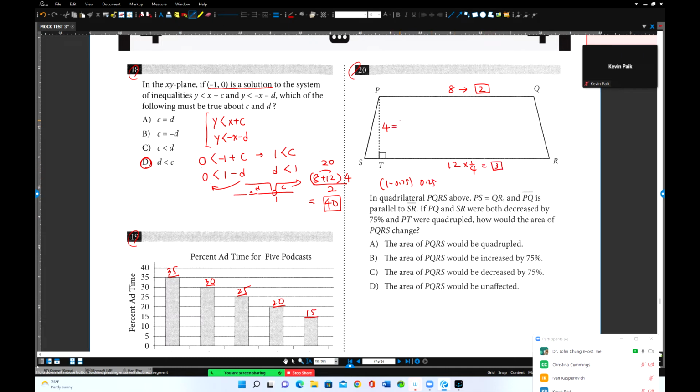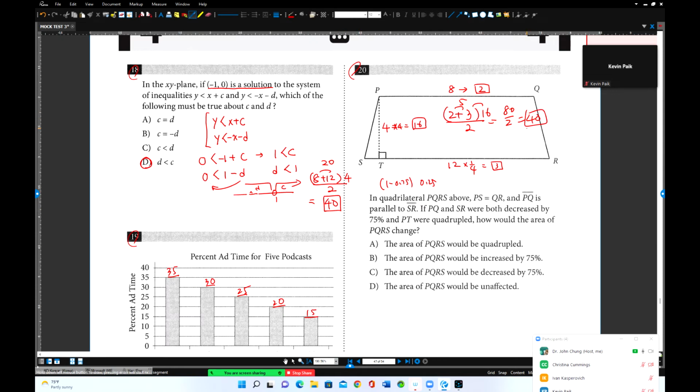But now this one is times 4, equals 16. Okay, you got the new dimensions over here. Now check it out. 2 plus 3, base 1 plus base 2, height is 16, divided by 2. This is 5 times 16, 80, divided by 2 equals 40. It's going to be the same number, right?